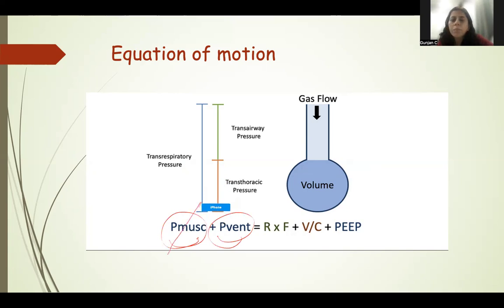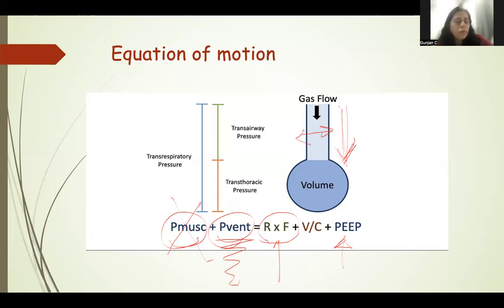Now, let us consider that this P muscle is zero, because I do not want to confuse it further, and say that our ARDS patient is completely sedated and paralyzed. So we say that the work done by the ventilator is basically divided into three components. The work to keep the lungs open, or to overcome the atelectasis or the static low compliance, is the work done by P. Then the work done to allow the gas to flow through the airways is a product of the resistance provided by these airways and the flow you set on the ventilator.